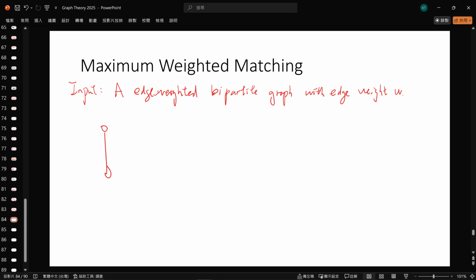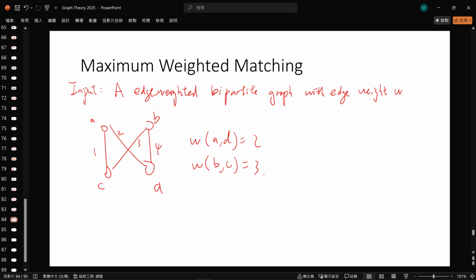So for example, in this graph, we're going to write, for example, W_AD is 2, and W_BC is 3. So W stands for weight.